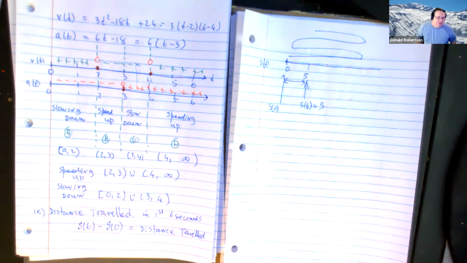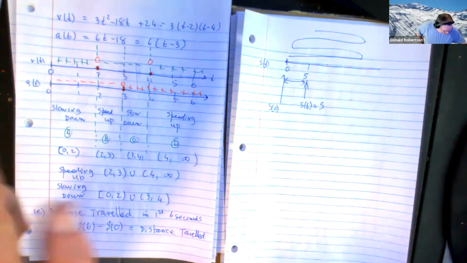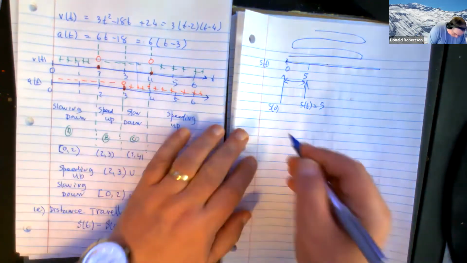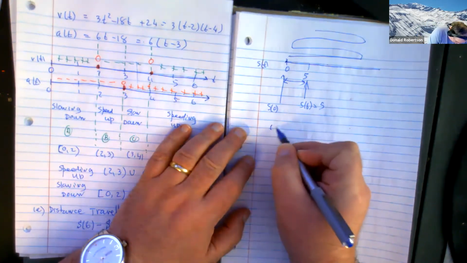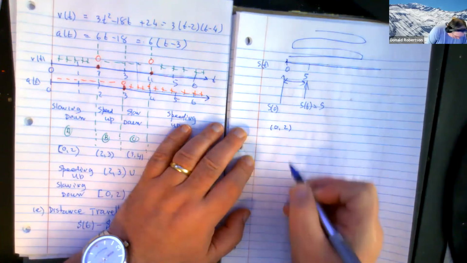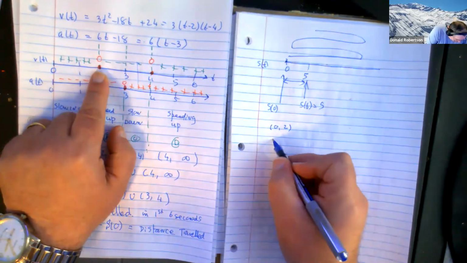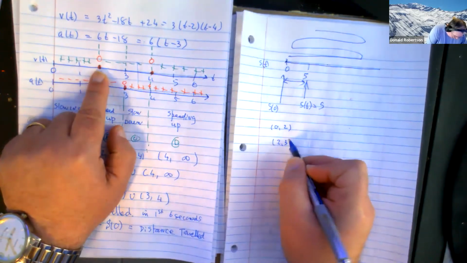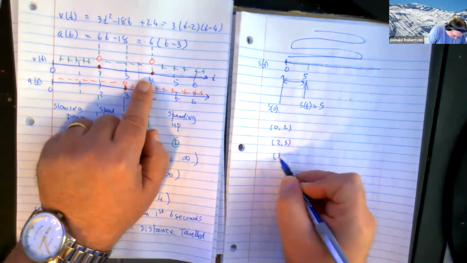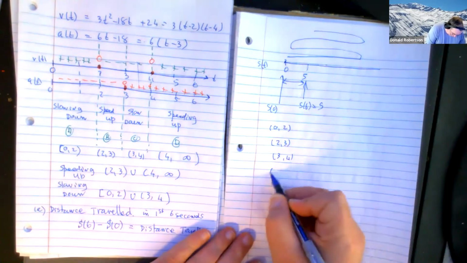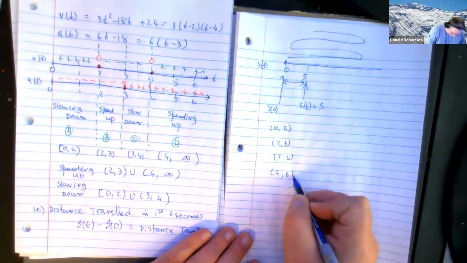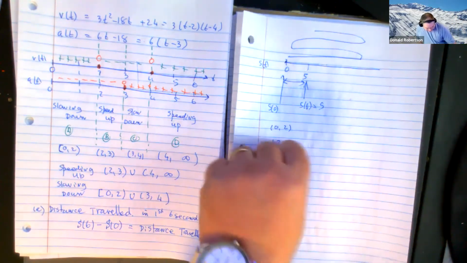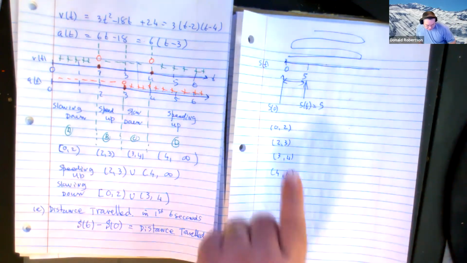So what you have to do is look at the velocity graph. In this velocity graph, there's a 0 to 2, and then you go from 2 to 3, and then from 3 to 4, and since I'm only interested in 6, you go from 4 to 6. So I'm actually breaking his journey into separate bits.